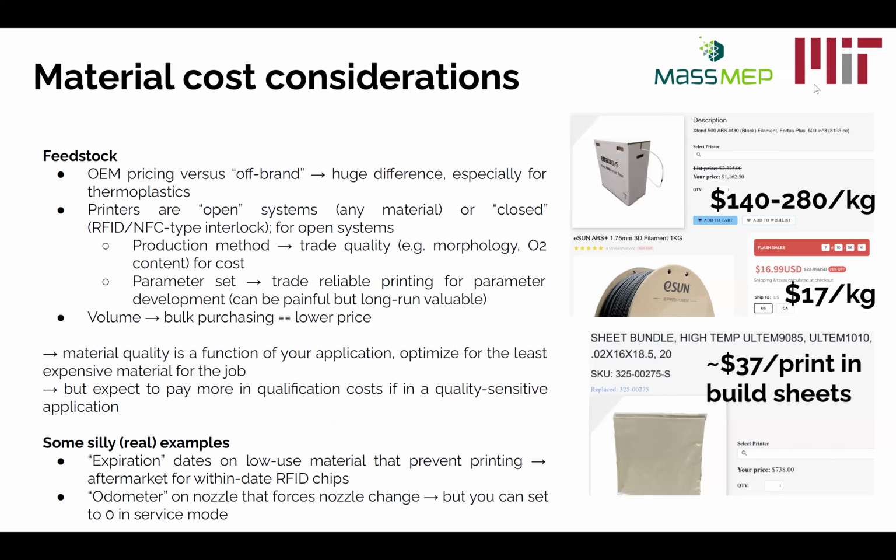And so you can get much cheaper material that's non-OEM branded, but then you run the risk of buying lesser quality material. The material performance might not be as good. The material variation might be much higher. In the case of filament, the diameter of the filament might change because they're using a low-cost extrusion system to make the filament in the first place.